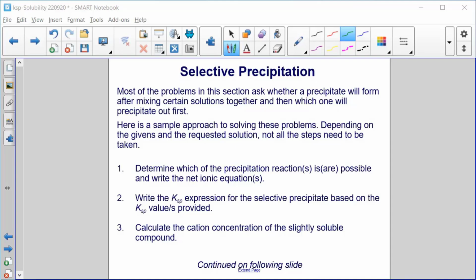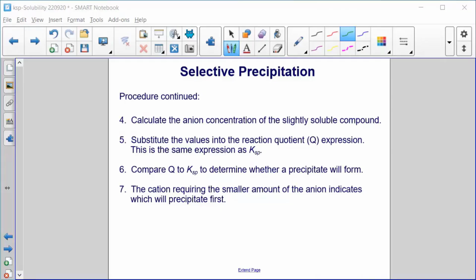First, determine which of the precipitation reactions are actually possible and write the net ionic equations. Two, write the Ksp expression for the selective precipitation based on the Ksp values provided. Three, calculate the cation concentration of the slightly soluble compound. Four, calculate the anion concentration of the slightly soluble compound.